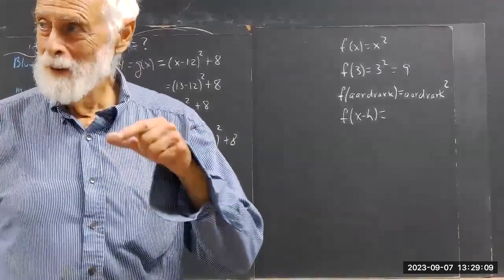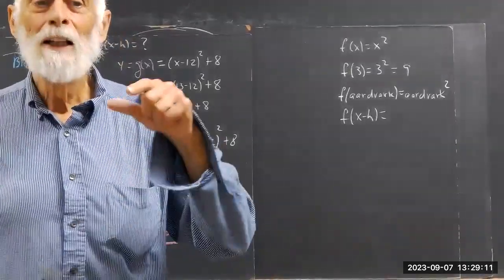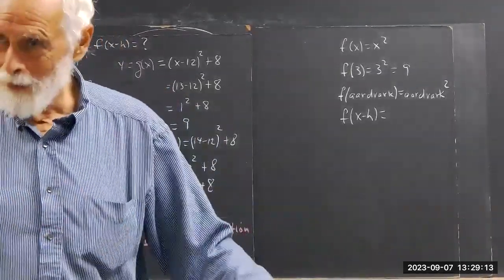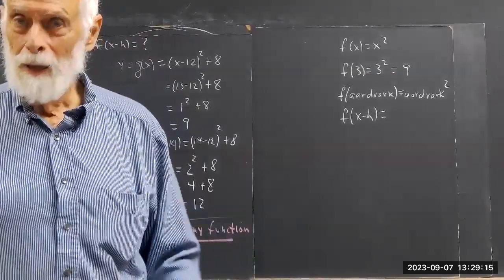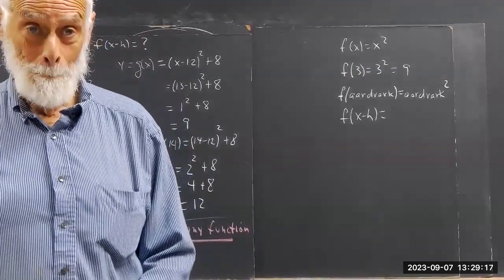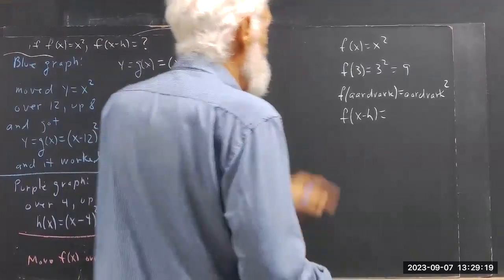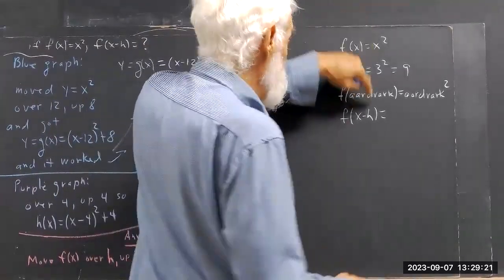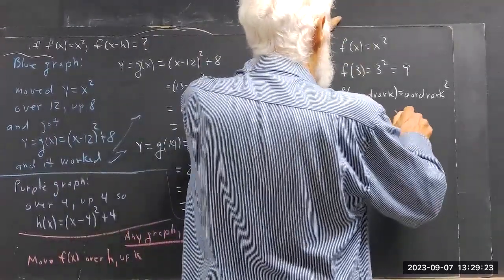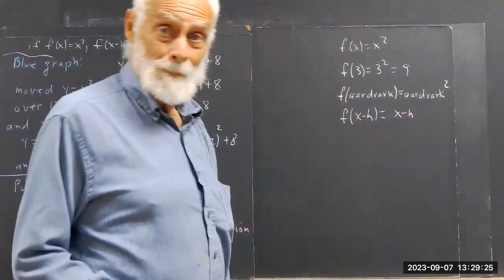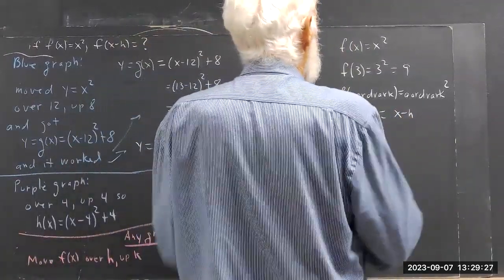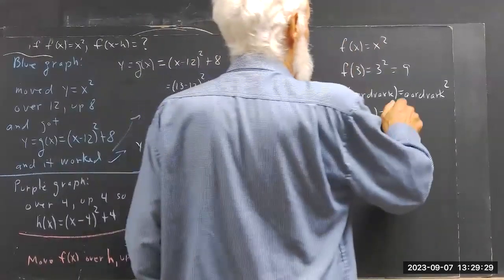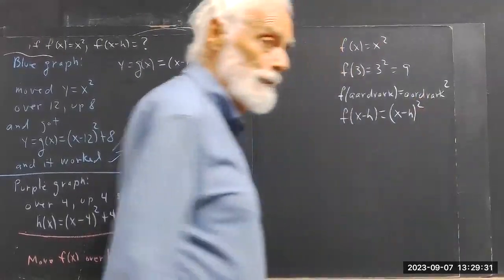Don't think on the substitution step, just substitute. Don't do anything with that thing you're substituting except substitute. If you do that, what replaces x? x minus h. So you write x minus h, and I'm missing the square. The whole x is squared, so the whole x minus h is squared.